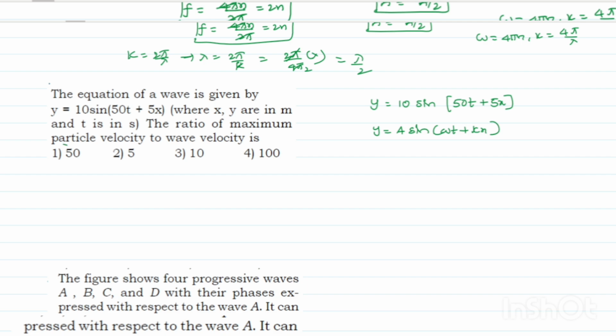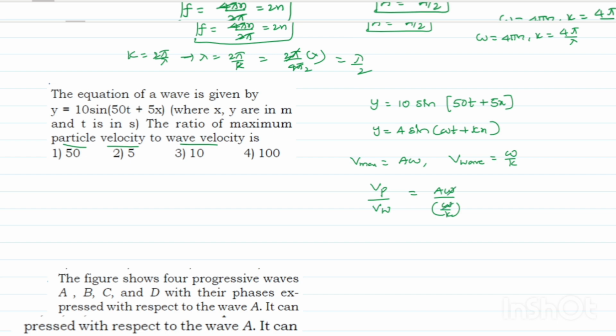They are asking for the ratio of the maximum particle velocity to the wave velocity. The maximum particle velocity is A omega, and the wave velocity is omega by k. So the ratio is A omega divided by omega by k.